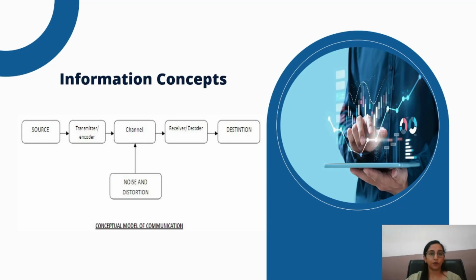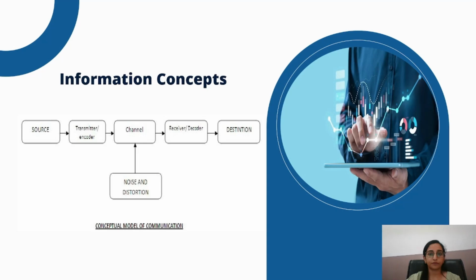So the above model of communication is used in the MIS. The MIS is equivalent to the transmitter, which provides information and sends it through reports. Reports are called the channel to the various receivers, where it is decoded or interpreted by the receiver at the destination.